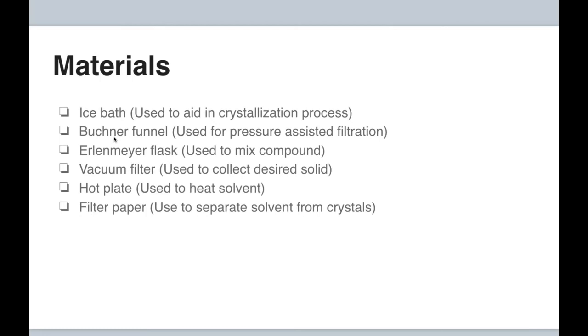The Erlenmeyer flask is used to mix the compound at the beginning of the experiment. The vacuum filter will be used to help collect the desired solid or crystals. And the hot plate is used to heat the solvent, and the filter paper, of course, is used to separate the solvent from the crystals.